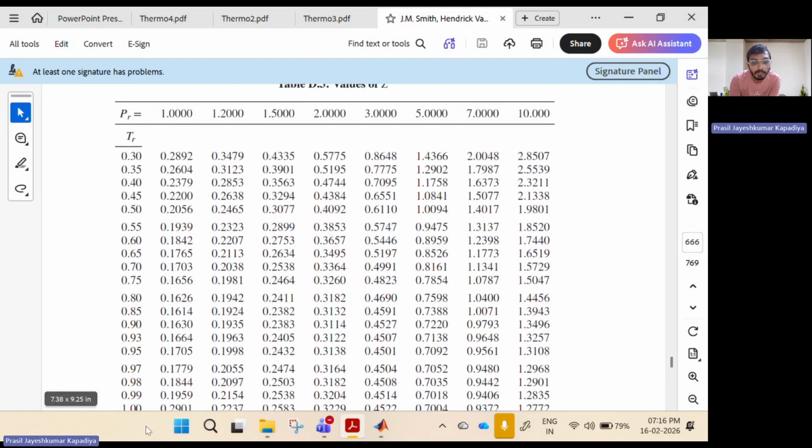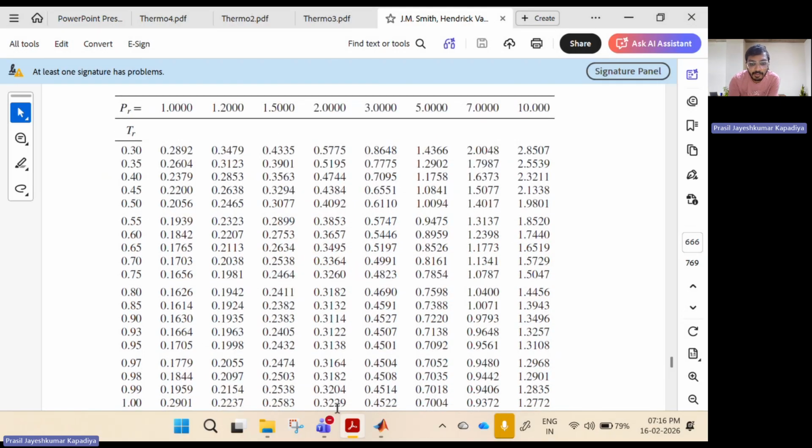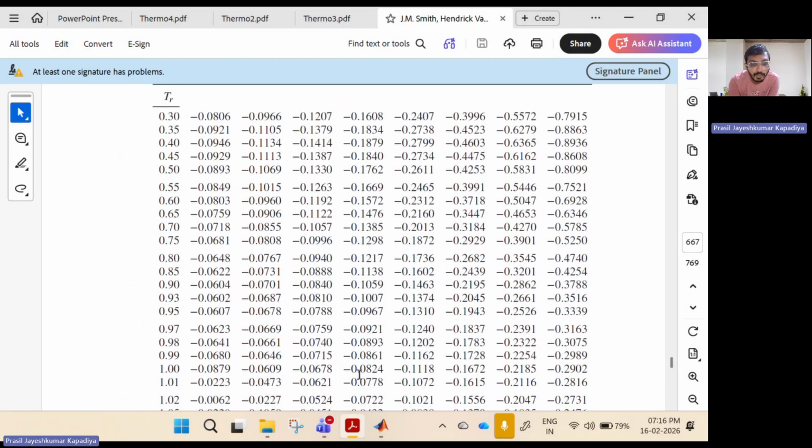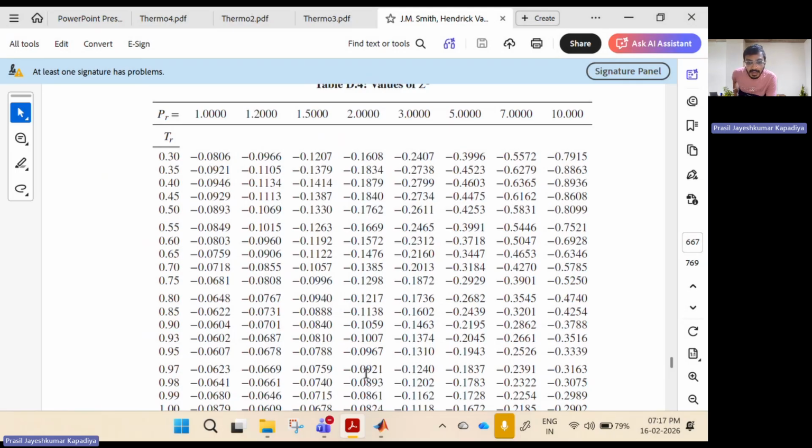So for 2 comma 1, my Z0 will be equal to 0.3229 and Z prime will be equal to minus 0.0824. For a particular gas, you know the value of omega from the tables that I had shown to you.